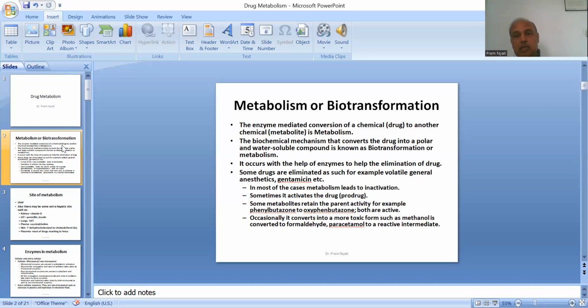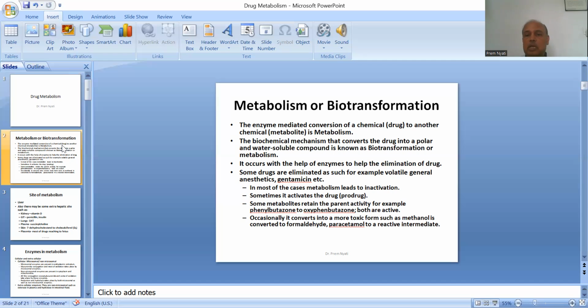So here the drug is converted into a polar, that is charged or ionized, and water soluble compound. This process occurs with the help of enzymes, and this process is to help the elimination of a drug.